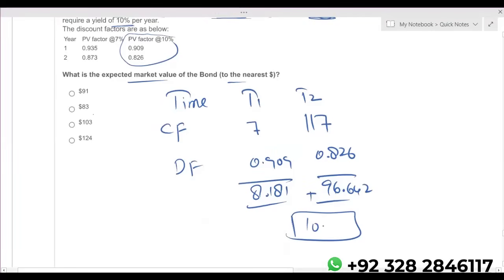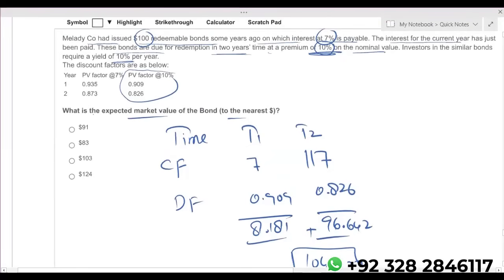We are getting 104.823. Whenever we are not getting the exact answer, always go to the nearest one. So which one are we going to choose? Yes or no? Please reply.